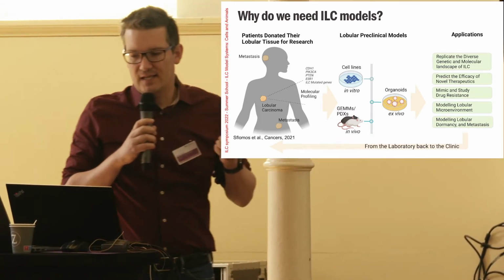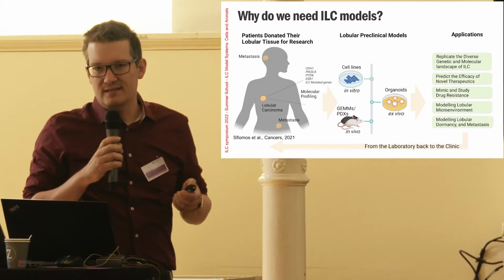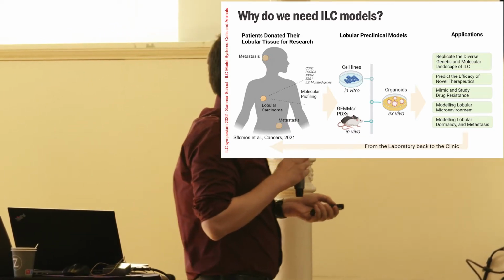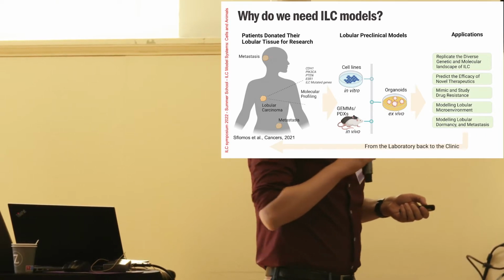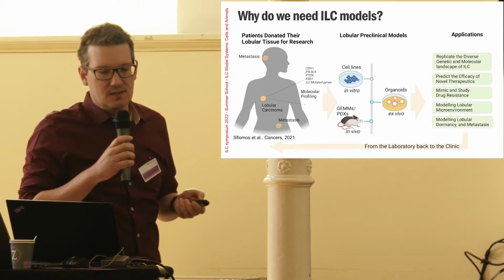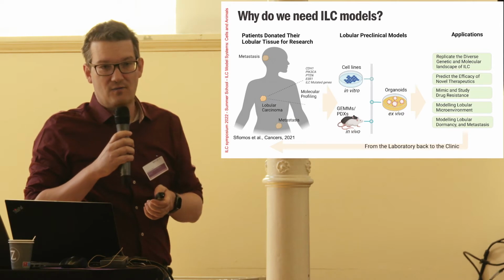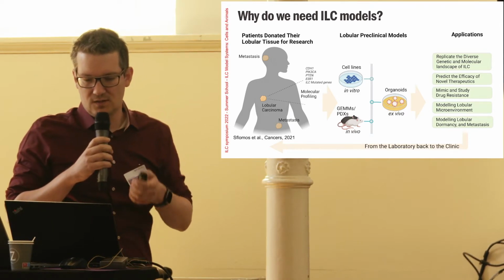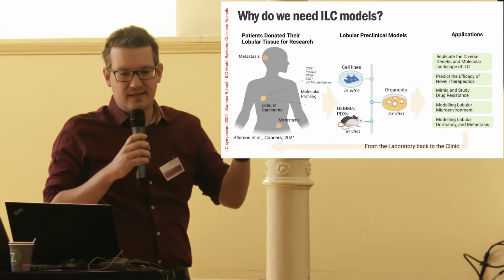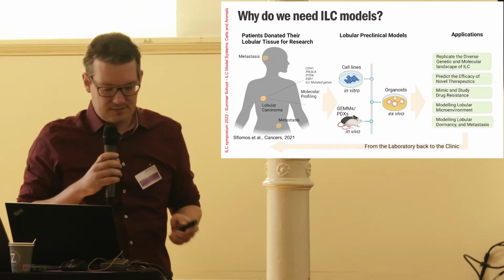This is very important in order to replicate the diverse molecular and genetic landscape of ILC, but also to predict efficacy of novel therapeutics, to study dormancy and metastasis, and to mimic the microenvironment, which is very important as we saw also from the previous presentation, and how these cells can really adapt in different microenvironments.